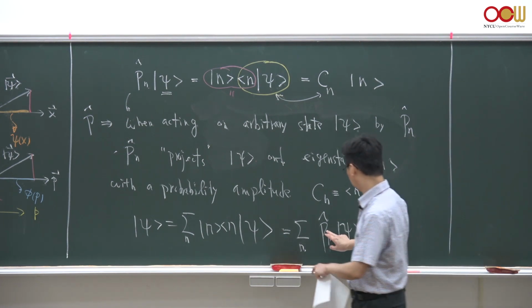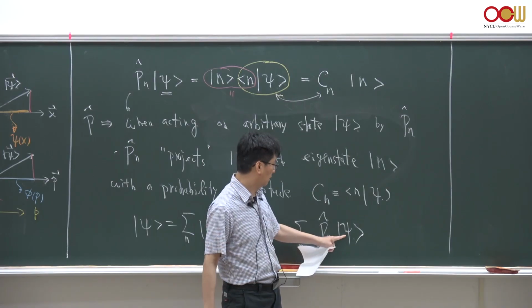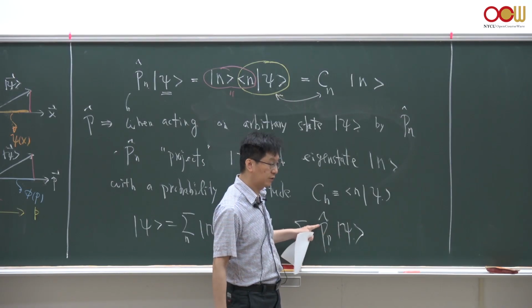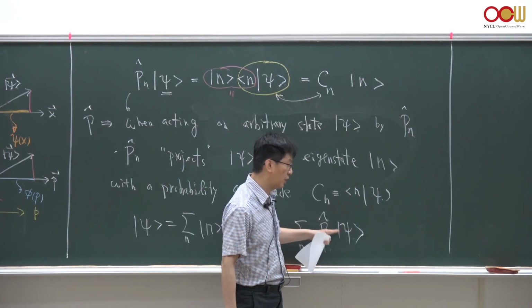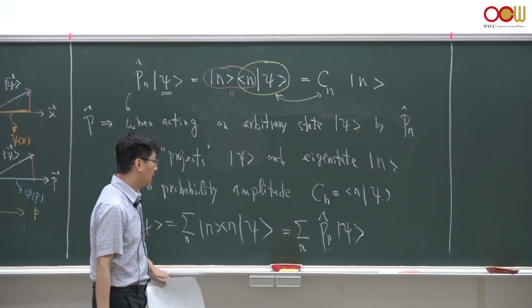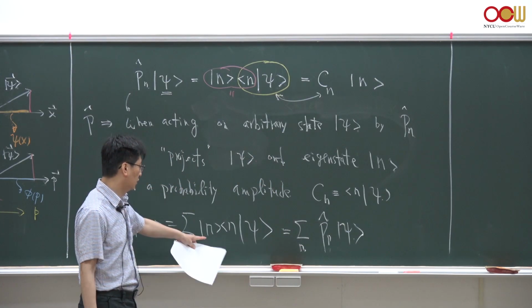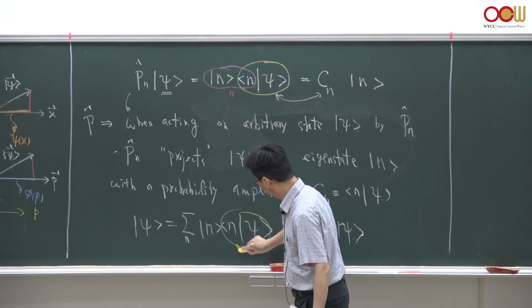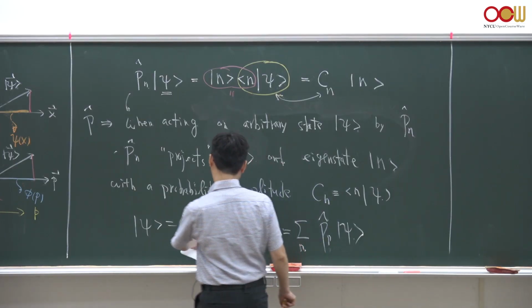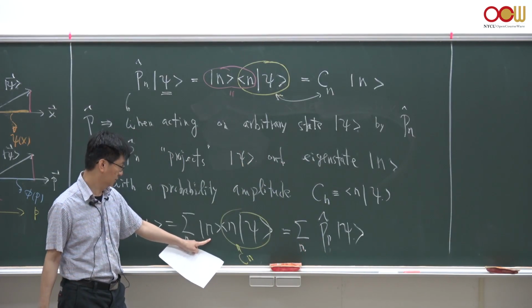So when you project this psi by Pn, it gives you this coefficient Cn times this eigenstate n.